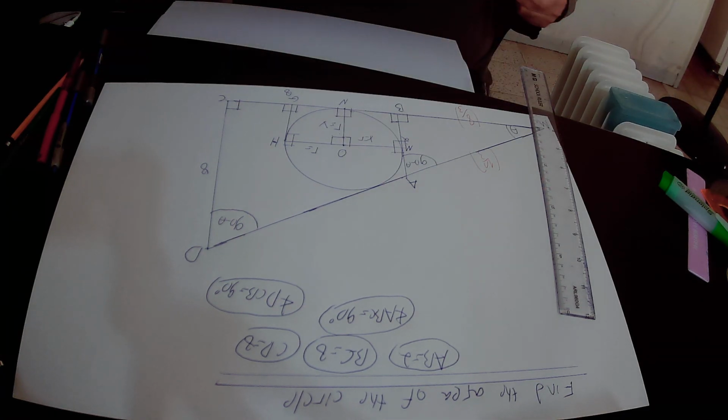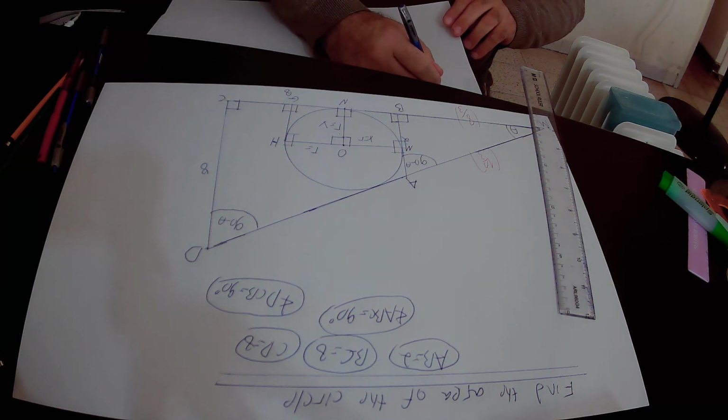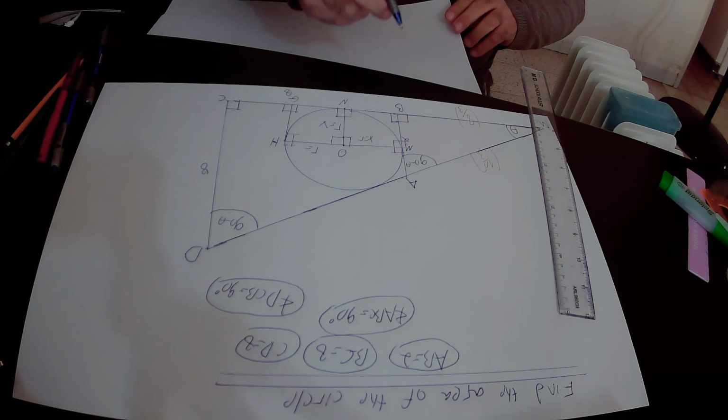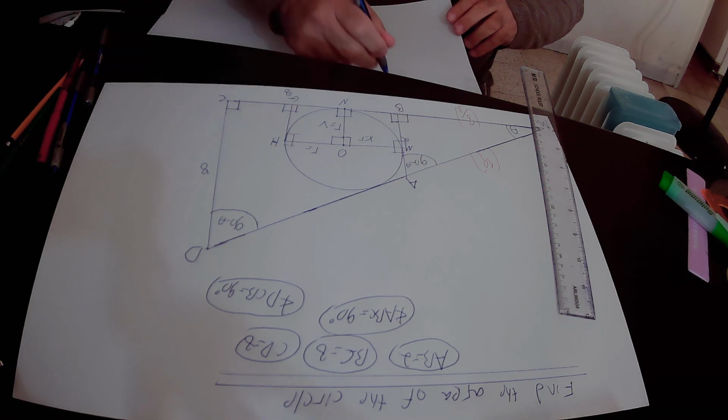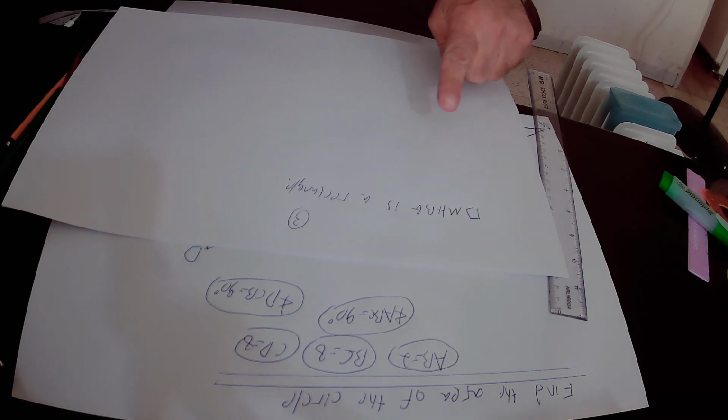Quadrilateral MHBG that has 4 right angles is a rectangle. Repeat again. Quadrilateral MHBG that has 4 right angles, it is a rectangle.